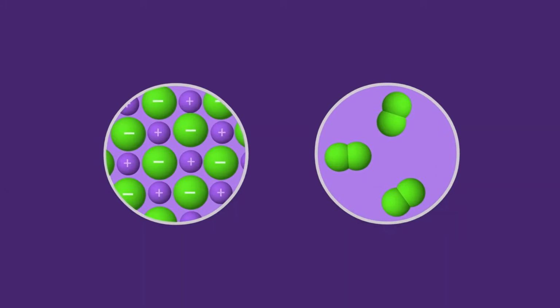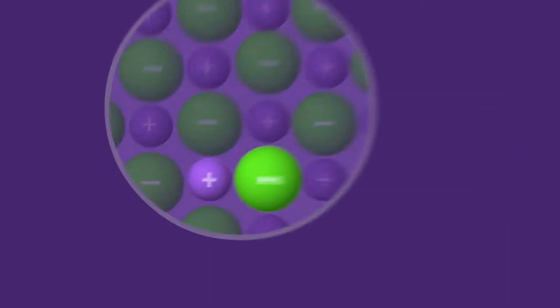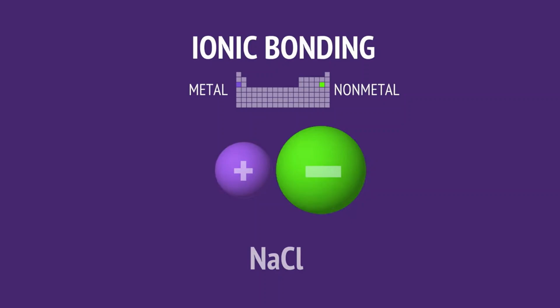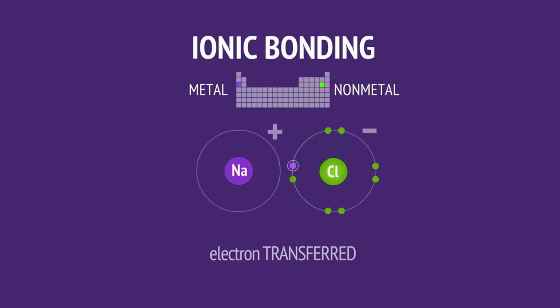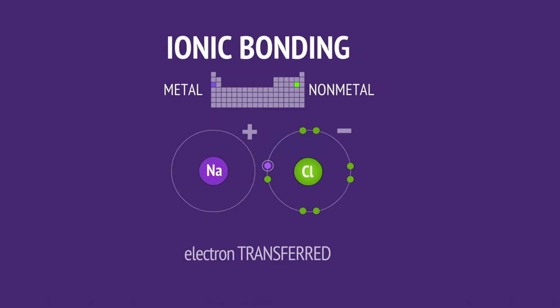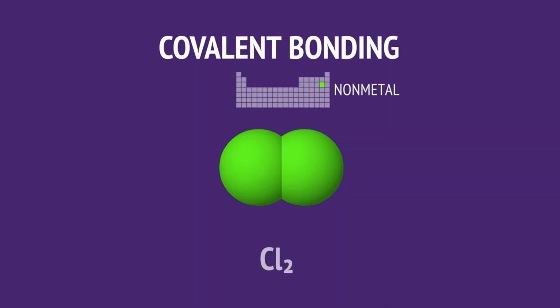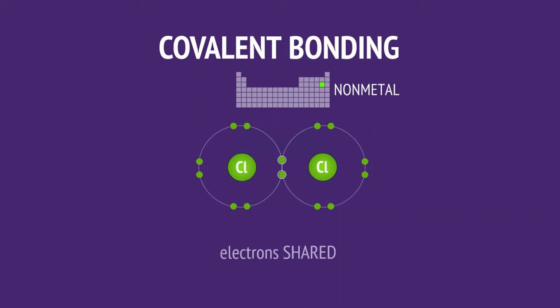In previous videos, we've explored 2 types of bonding that occur between atoms. We've looked at ionic bonding, which occurs between a metal and a non-metal element, and involves the transfer of electrons between atoms to form oppositely charged ions. And we've also looked at covalent bonding, which occurs between non-metal elements and involves the sharing of electrons between atoms to form molecules.